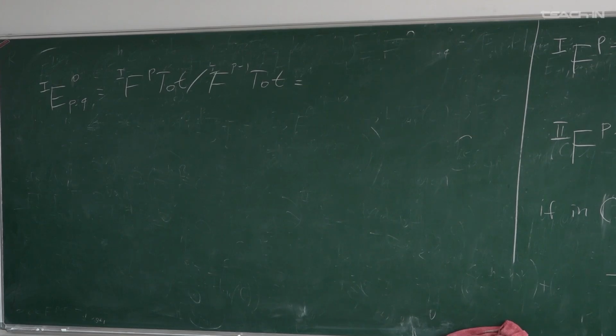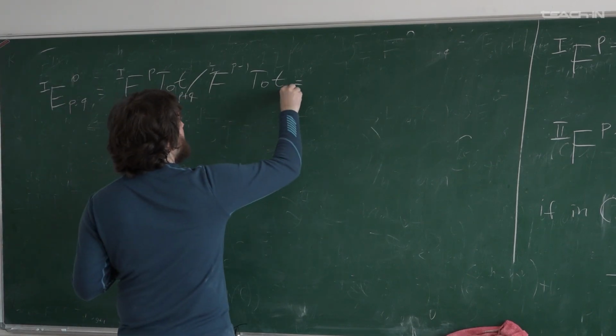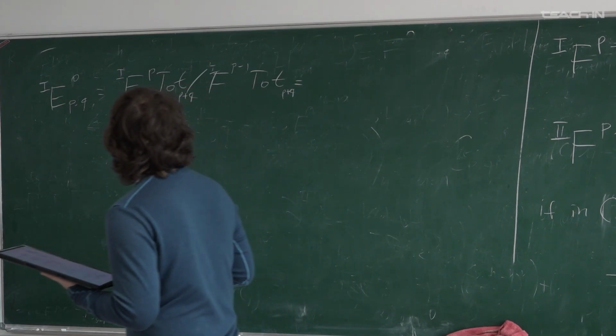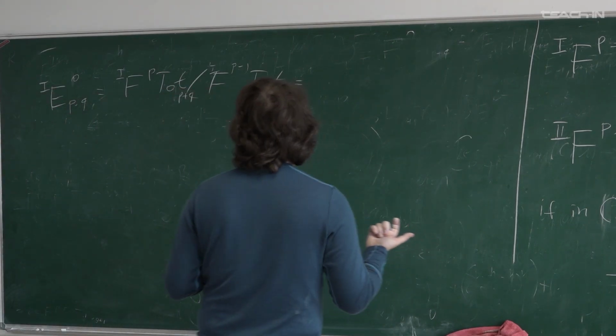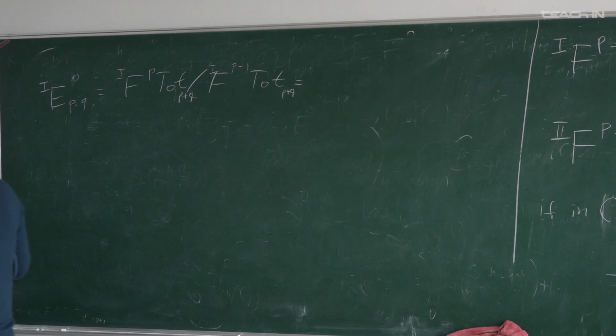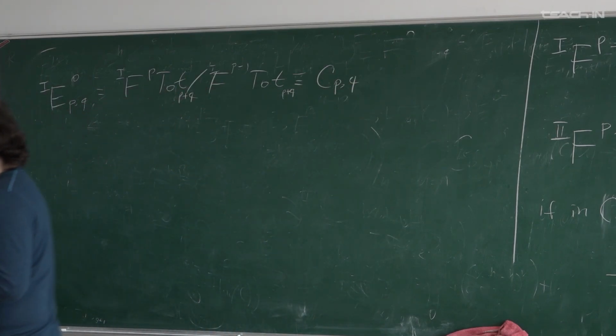This is C^P in degree P plus Q. I have two numbers whose sum is P plus Q, and the first number is not greater than P, and I consider it modulo those where it is less than P. So the first number is P and the second number is Q, so it's just C^{P,Q}.